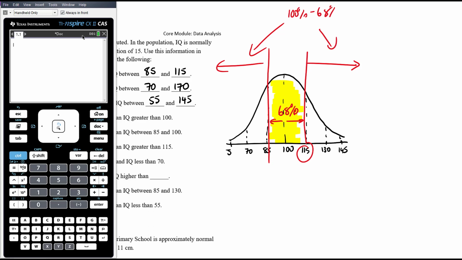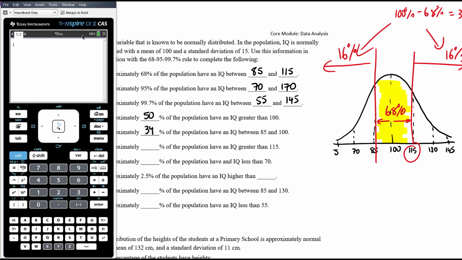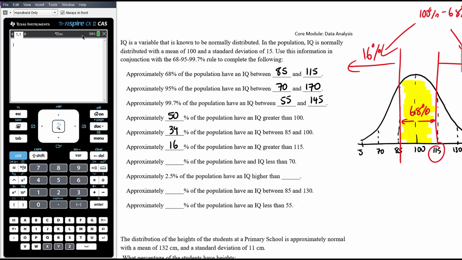Minus 68% leaves us with 32% for outside, for either side. And then the shape is symmetric. So 32% divided by 2 is 16%, which means we must have 16% up here and 16% down here with 68% in the middle, and therefore everything adds up to 100%. So there must be 16% with an IQ greater than 115.